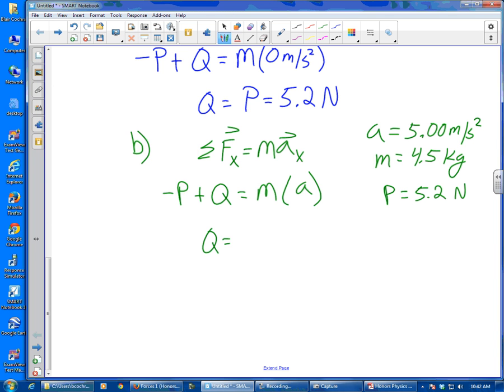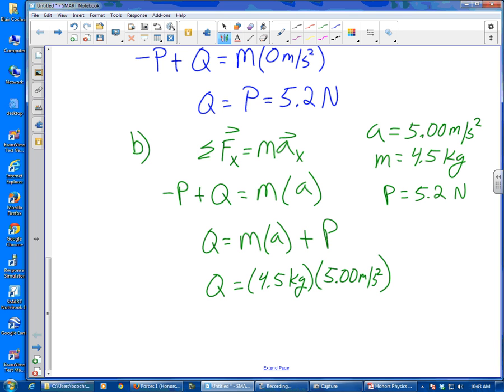So I get Q is m times a plus P, bringing P over to the other side. Now, put in my numbers: 4.5 kilograms, a is 5.0 meters per second squared, plus P, which is 5.2 newtons.